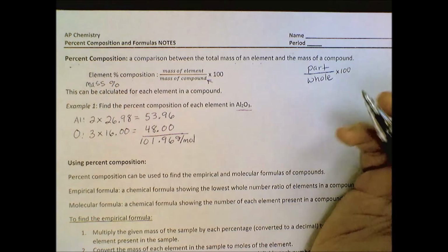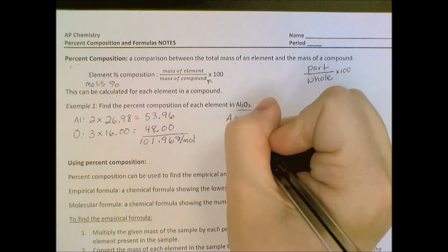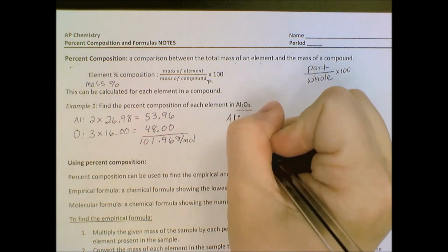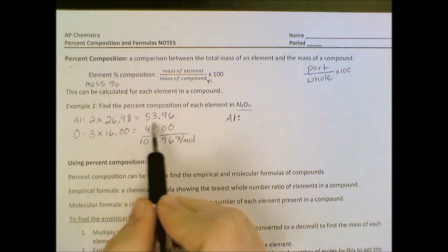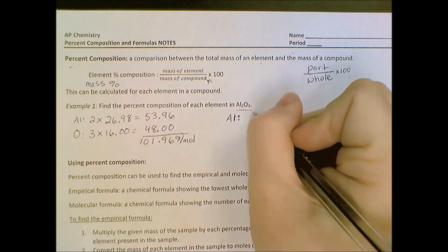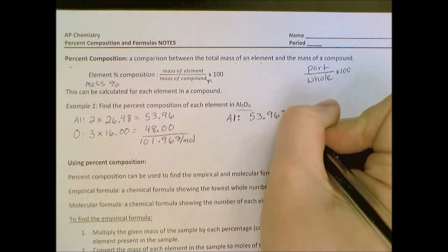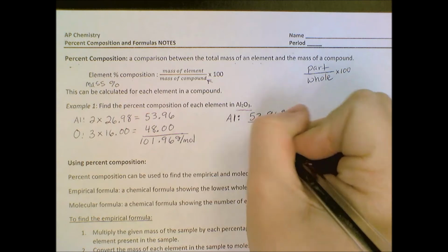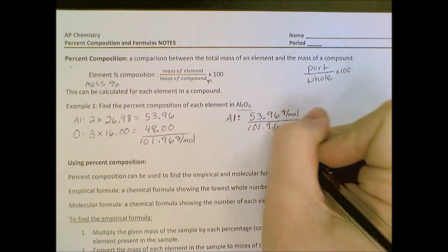So now we're going to take a look at finding the percent composition of aluminum. So for aluminum, we want to take aluminum's mass in the compound. So aluminum's total mass, we've already calculated here conveniently. And the total mass of the compound, 101.96.